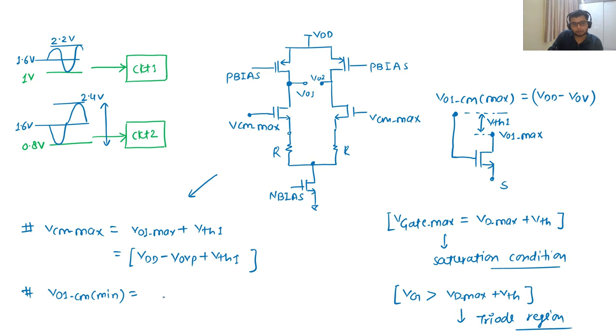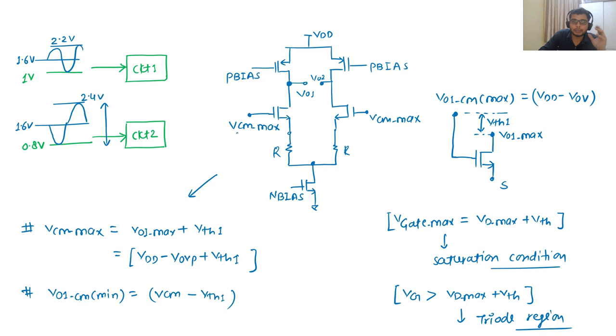Whatever the common mode we have at present, VCM here, this voltage minus 1 VTH of this transistor 1 is the minimum value of your output. If I have biased my input transistors with some common mode value which is greater than the minimum common mode value, then the minimum common mode value minus VTH1 is the minimum output common mode value.